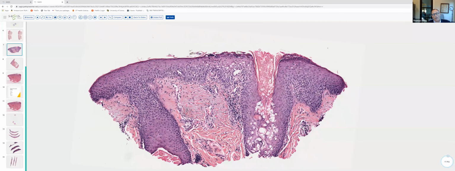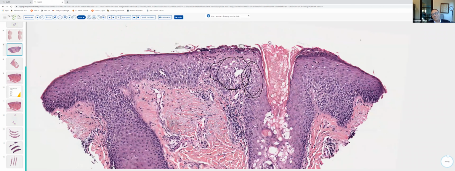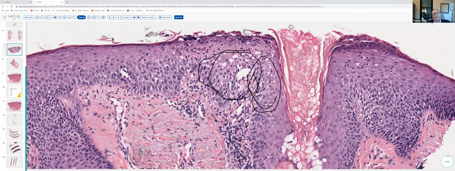We've got terminal hair follicles, we've got solar elastosis, and one can see that there is quite a bit, let me get my pencil here, of spongiosis involving the epidermis and the adjacent follicular infundibular epithelium, with some extension of lymphocytes and even a few neutrophils into widened intercellular spaces.